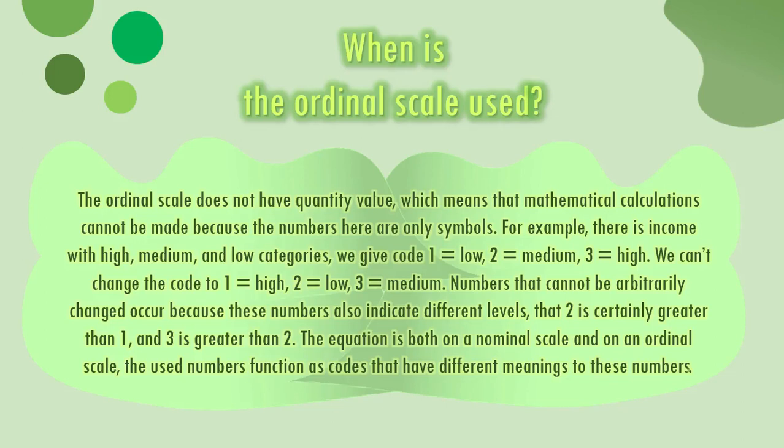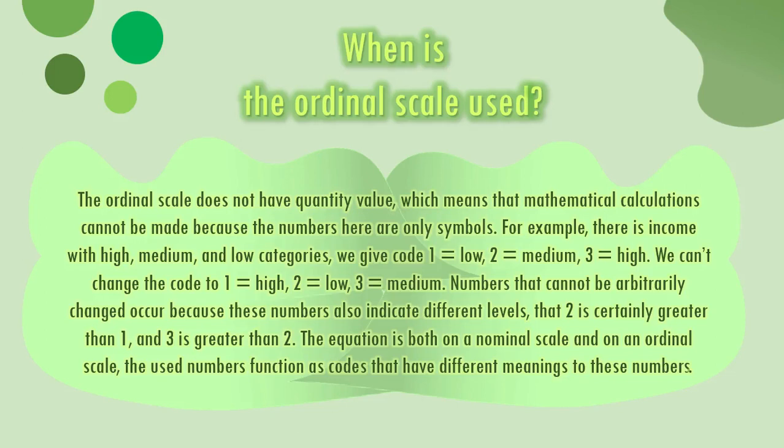We can't change the code to 1 for high, 2 for low, or 3 for medium. Numbers cannot be arbitrarily changed because these numbers also indicate different levels, that 2 is certainly greater than 1 and 3 is greater than 2.